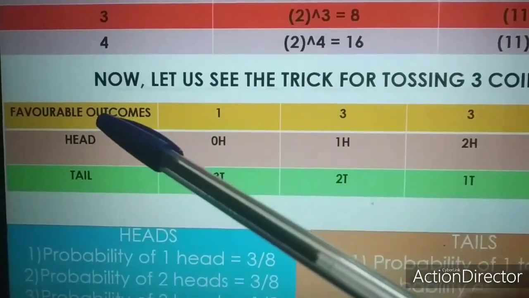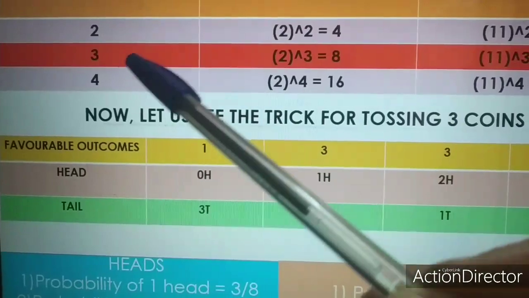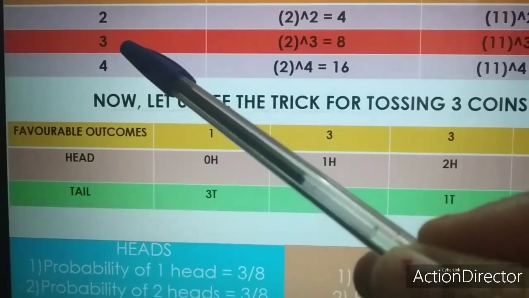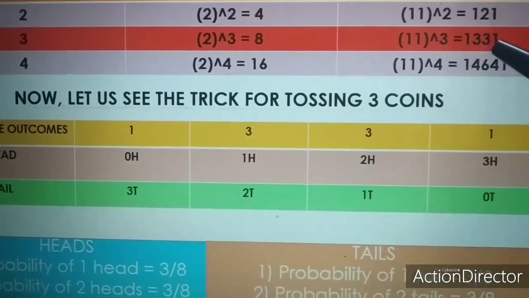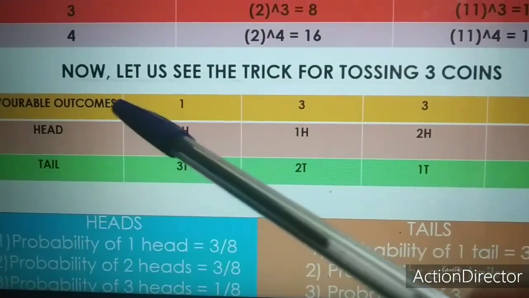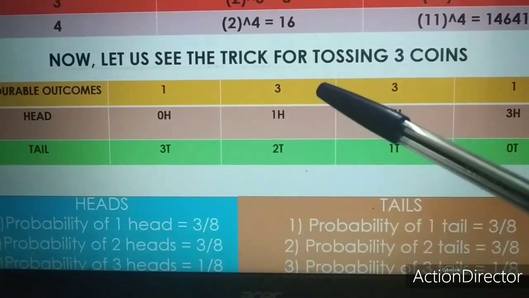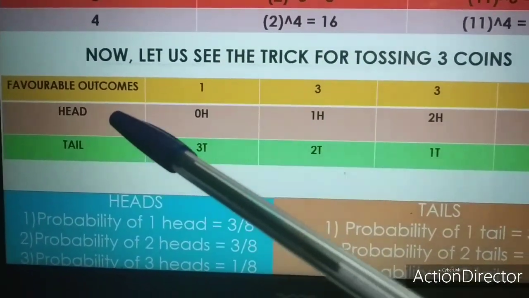So first I am explaining again. Favorable outcomes you will be writing according to the number of coins you are tossing. Here I am going to toss it 3 times. So what is the favorable outcome for 3 times? It is 11 cube, which is 1331. So in the first row I am going to write favorable outcomes, which is nothing but 1331. Second is head.